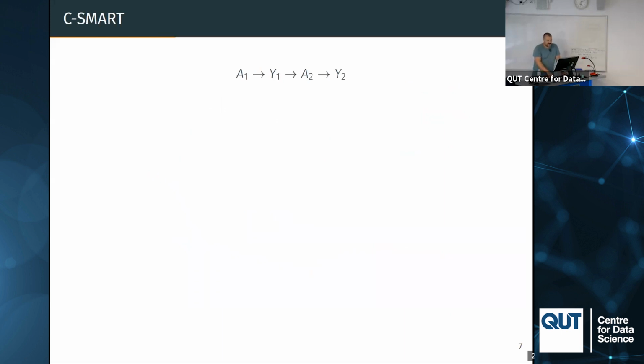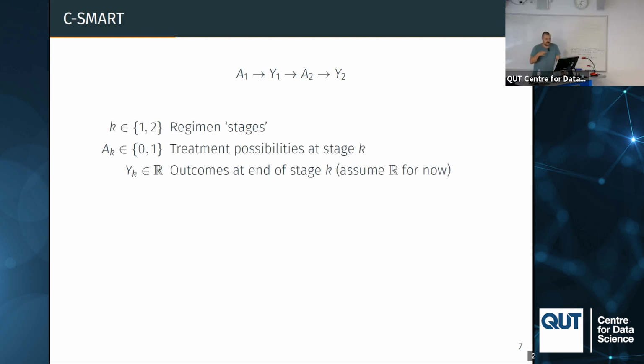So we can formalize the data structure a bit more. What we have is this flow of data where patients are randomized to a treatment, which we denote with a capital A here, and then followed until they have an outcome, and then they're re-randomized to that treatment, and then followed until they have another outcome.